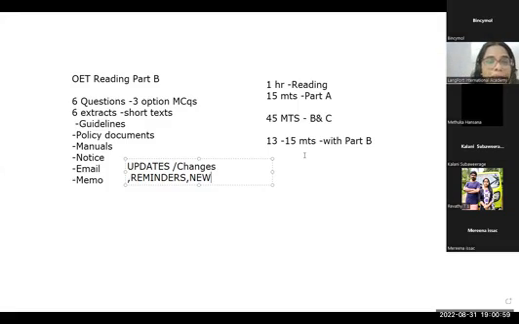So these are the types of information that you can find in these types of extracts: guidelines, policy documents, manuals, notices, emails, and memos. All of you take a second, go through this and ask me if you have any questions.